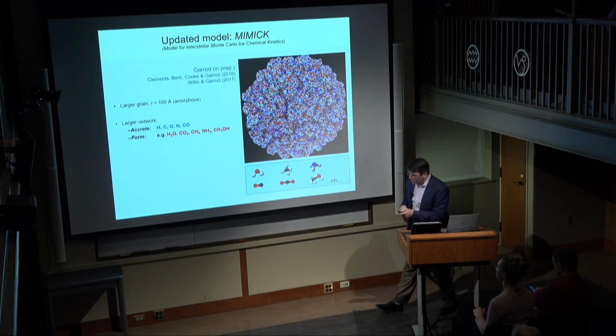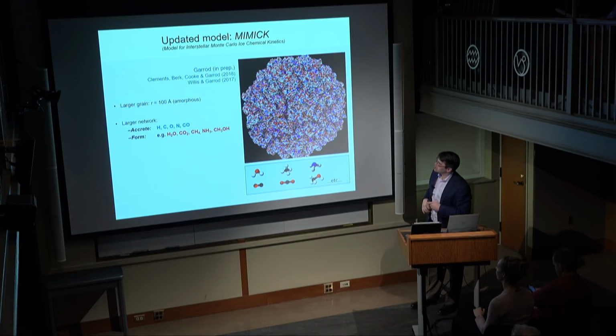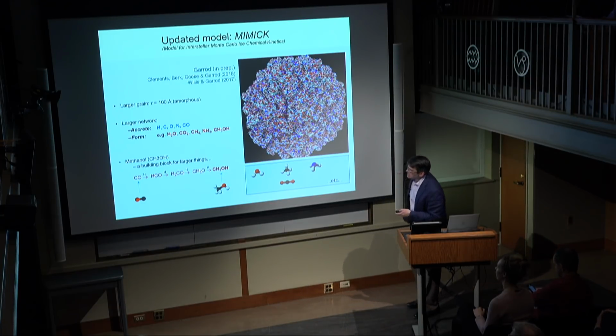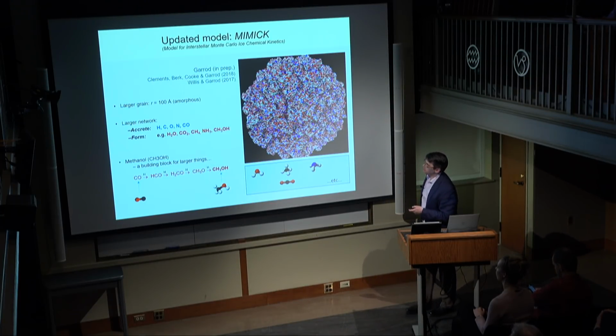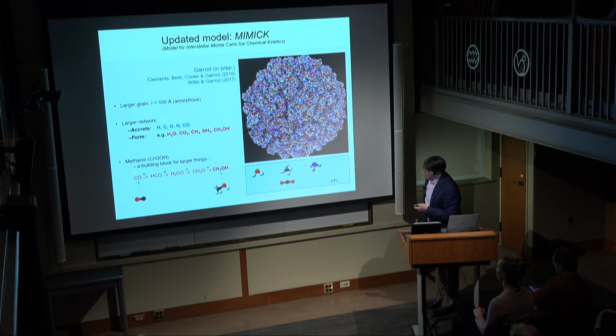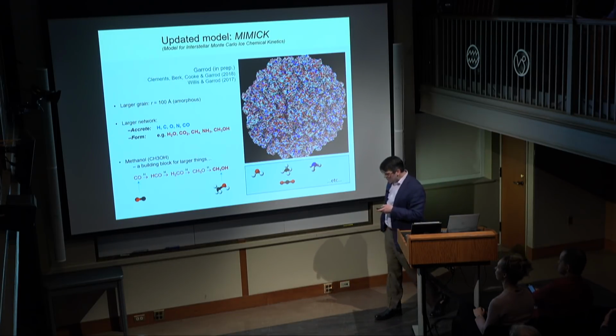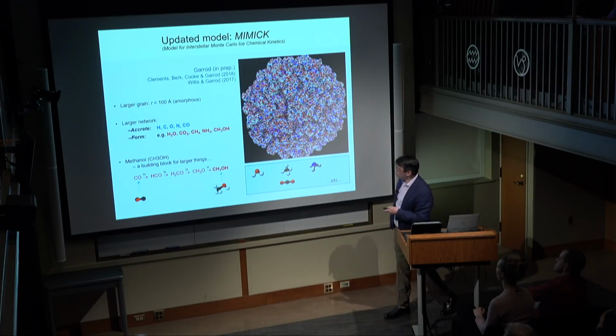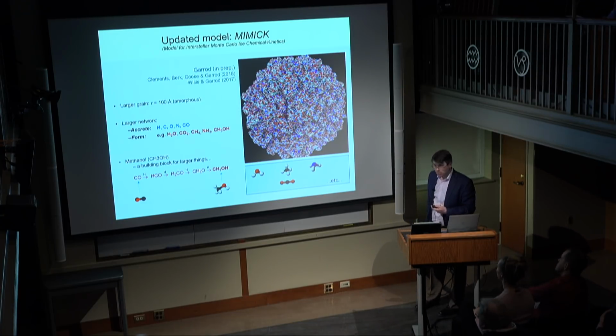I want to point out one particular reaction process that involves methanol. I'm sure many of you will be familiar with this idea, but there's a lot of CO in the gas phase, and that CO can stick to the grains. When it does so, it can react with this very abundant atomic hydrogen, and it can be repetitively hydrogenated all the way to the simplest alcohol, methanol.